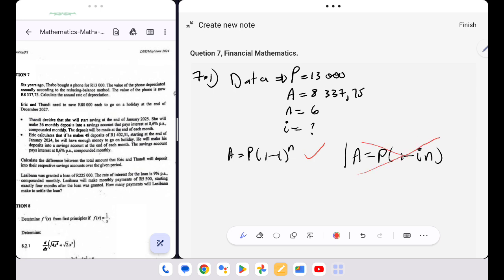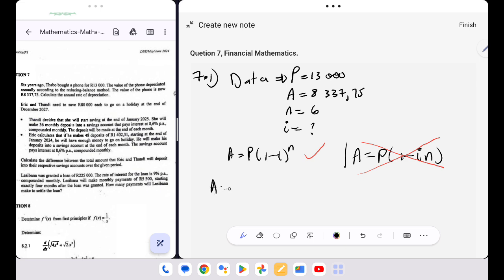This other one is for the straight line method. So whenever it's reducing balance or diminishing balance, we use this one. For straight line method, we use that one. So we'll just substitute our data.